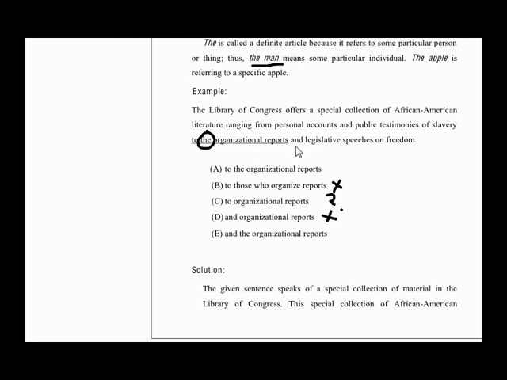You have an and here and an and here, so it leads to awkward construction. So potentially the only answers that could possibly be right are C or A. I'll just mark A. So now we need to look closely between choice A and choice C.